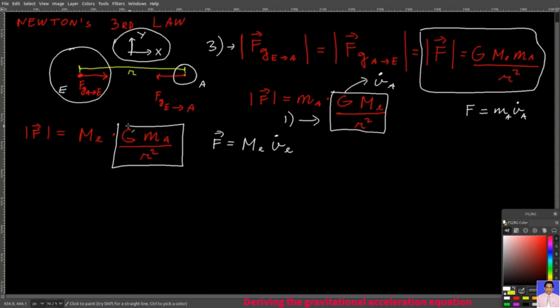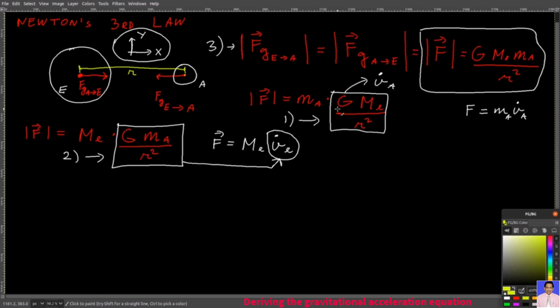So this one here is the acceleration of the Earth towards object A, and again, this acceleration is with respect to this fixed inertia frame. Both objects, the Earth and object A, move with respect to this inertia frame. And so that's the answer for question 2.